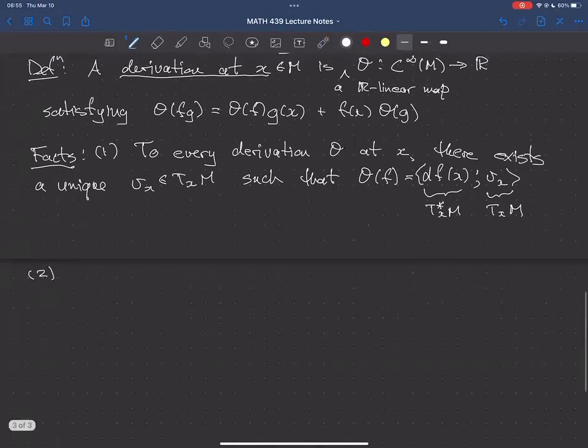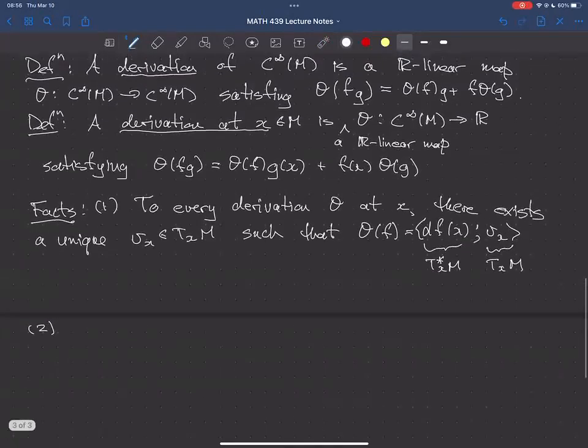Fact two is the same kind of fact, but now for vector fields and derivations, not for tangent vectors and derivations at x.